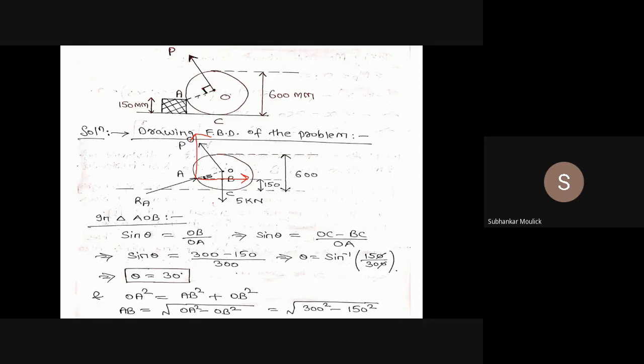Here the point of application of force is point A. So from point A, whether you take RA cos theta or RA sin theta, is there any perpendicular distance? No, sir. There is no perpendicular distance. So I will not consider the moment of force RA.